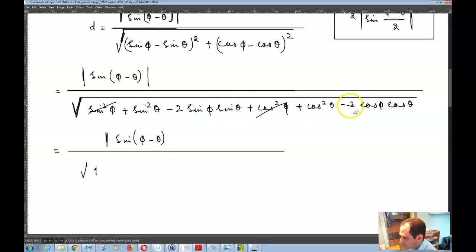Sine squared theta plus cos squared theta is equal to 1, so that's plus 1. And negative 2 times sine phi sine theta, negative 2 times cos phi cos theta, is something that we need to either derive, or let me show you how to do that.